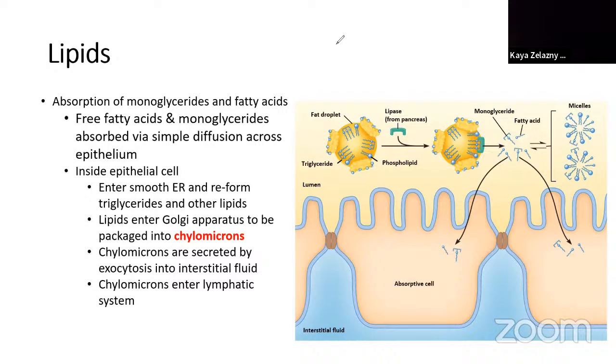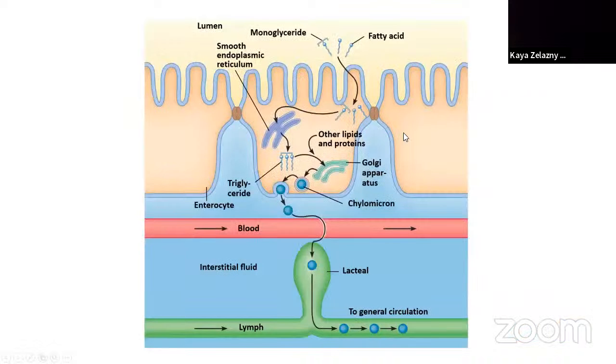I have a picture of this one. So here we see at the top our fatty acids and monoglycerides going directly across the cell membrane. We went through the smooth ER and turned them back into a triglyceride. And then they move into the Golgi apparatus along with other stuff, other lipids, other proteins, and we turn them into a chylomicron.